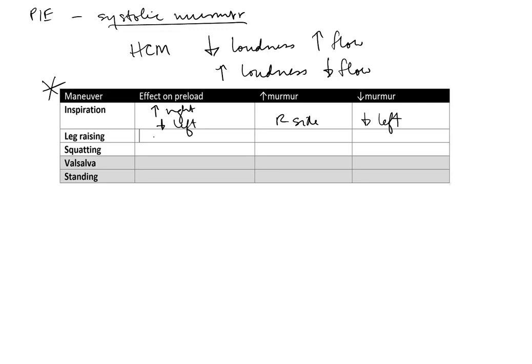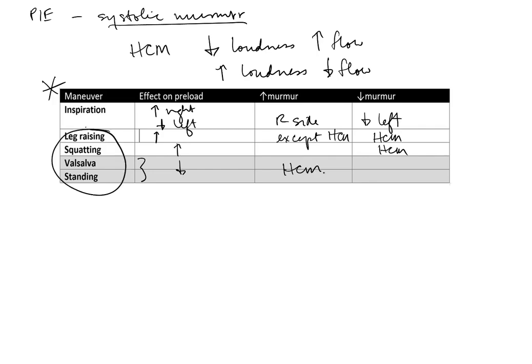Leg raising increases the preload, so it's going to increase all murmurs except for hypertrophic cardiomyopathy. Squatting also increases the preload, so it's going to decrease the murmur in hypertrophic cardiomyopathy. Valsalva maneuver and standing both decrease the preload, so they're going to increase the murmur in hypertrophic cardiomyopathy.